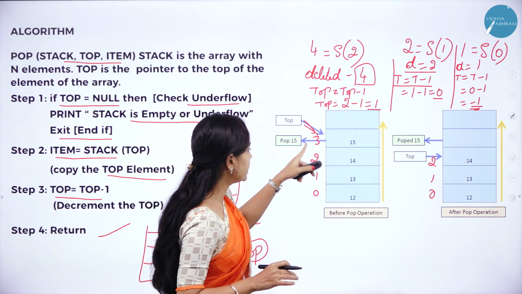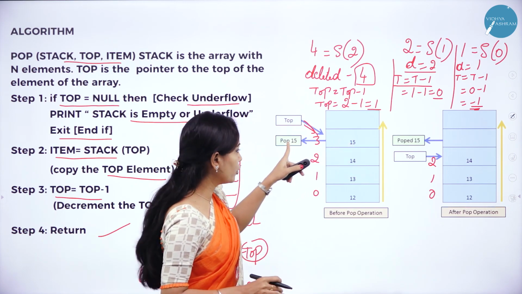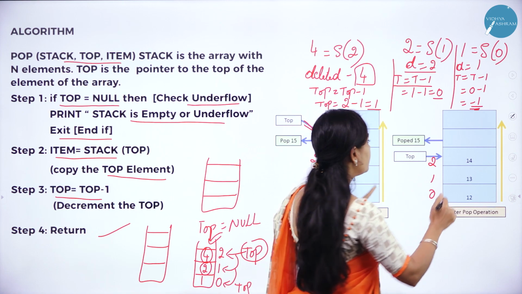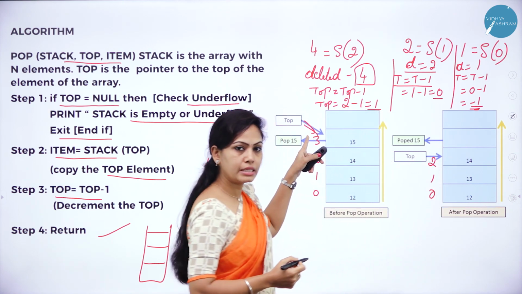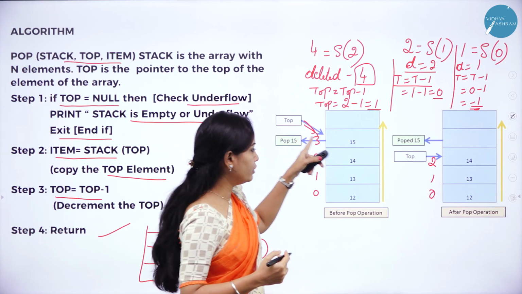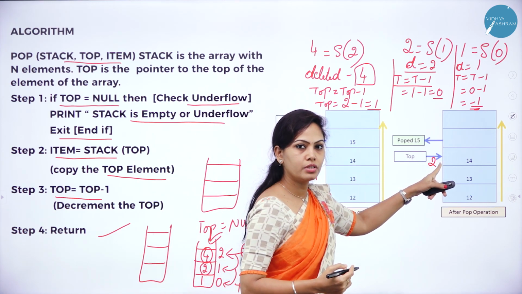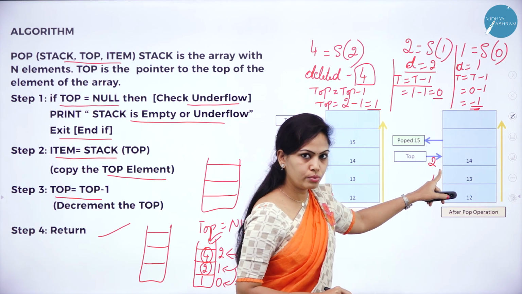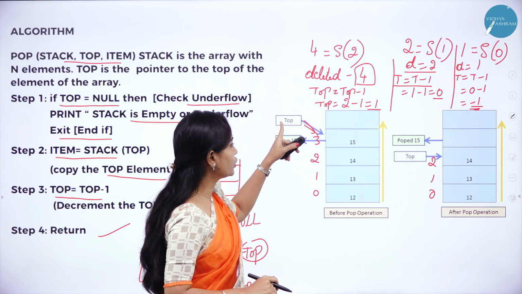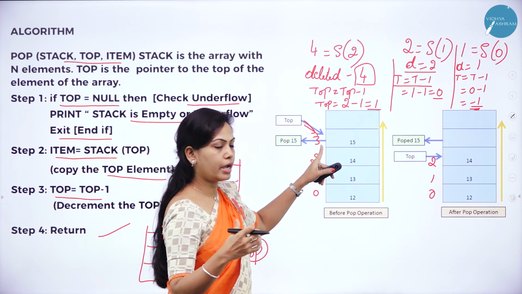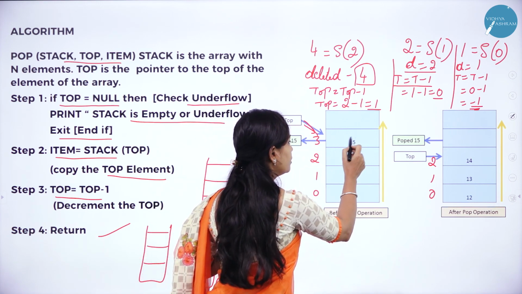Here I am going to delete one item called 15. I am going to pop one item. After popping one item, top will become 2. Before it was 3; one decrement gives 2. Top value is 2 after the pop operation and 3 before it. One item has been deleted. The deleted item is 15.